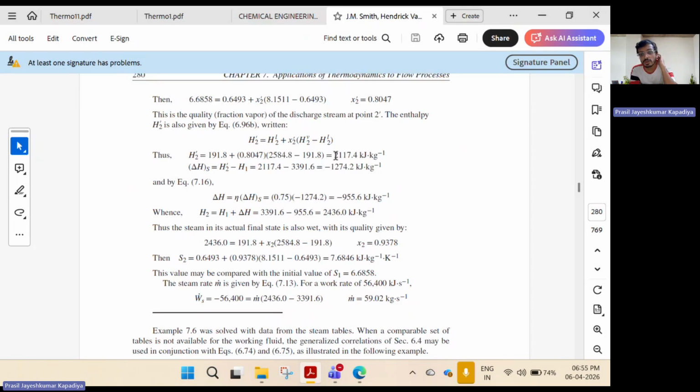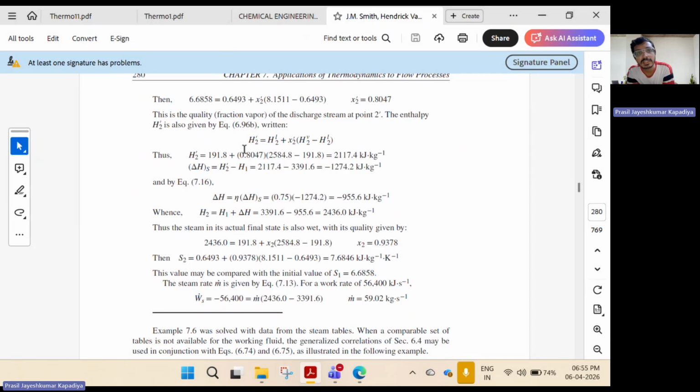The ideal value should have been 2117, but we are getting 2436, and we put these numbers here so we can get the actual quality of the steam, which is 93 to 94%. And with this 94%, I can find the entropy.